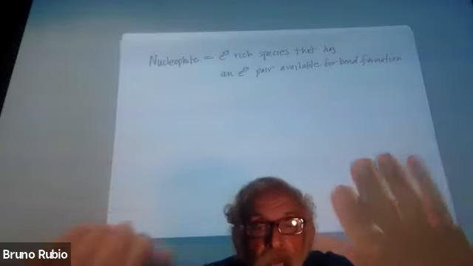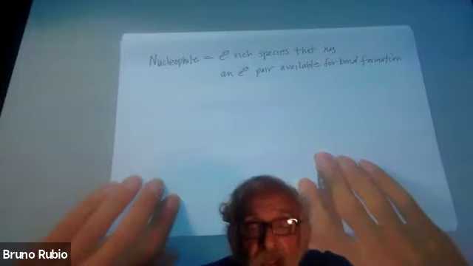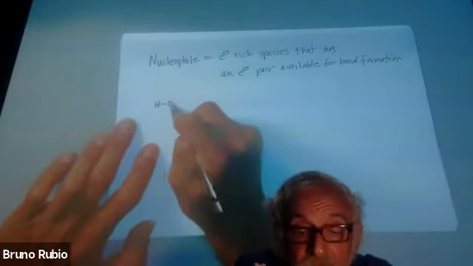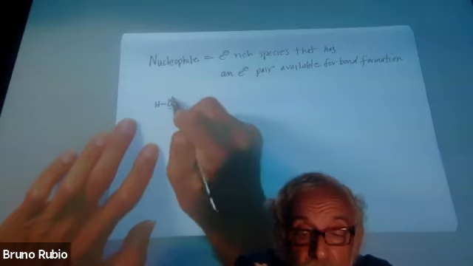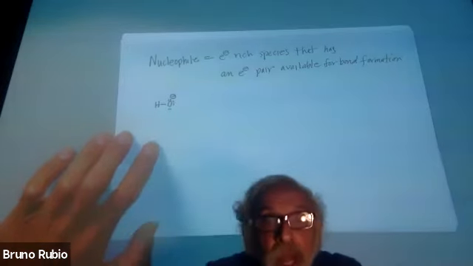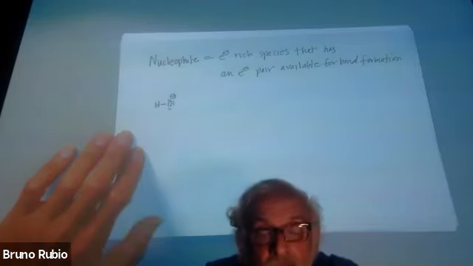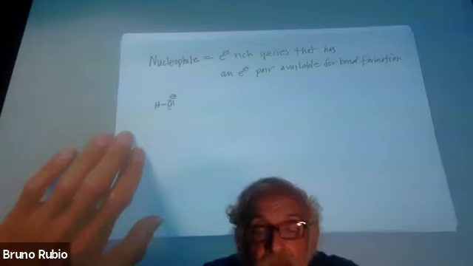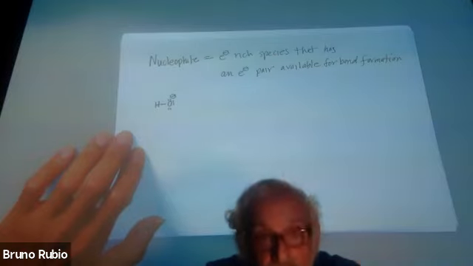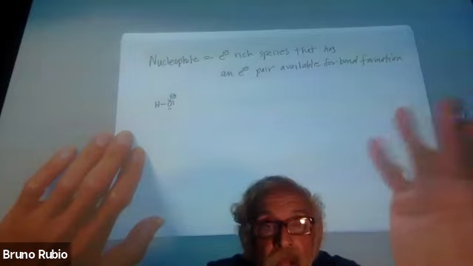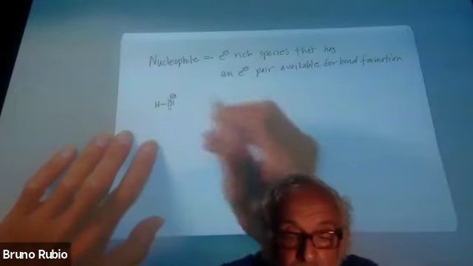Some concrete examples of nucleophiles would be, for example, the hydroxide ion. The hydroxide ion is electron rich. It's so electron rich that it has a negative charge on it. So that's a nucleophile. And it also has all of these unshared electron pairs that it can use to form bonds to something else. So that would be a concrete example of a nucleophile.